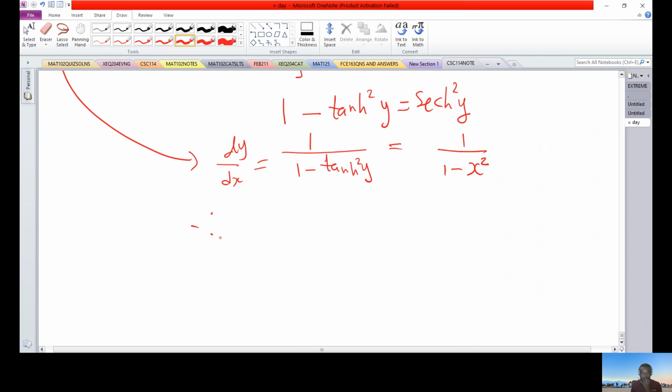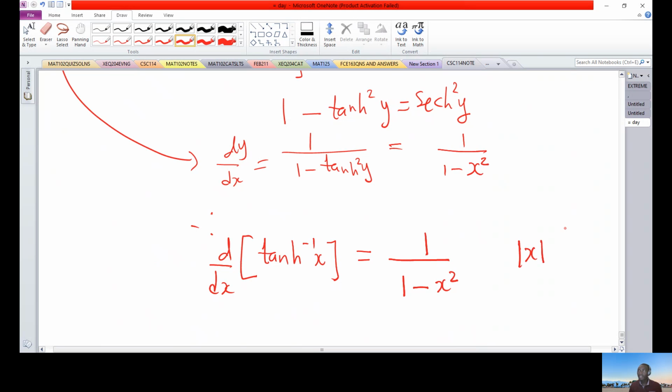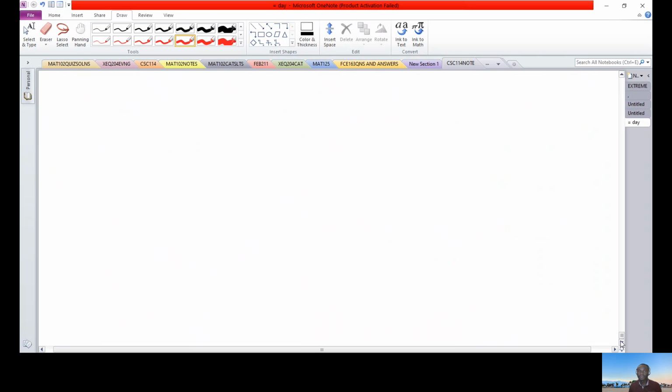So therefore, d/dx of hyperbolic inverse of tan is given by 1 over 1 minus x squared. So here the absolute value of x must be less than 1, so that we don't get a 0 in the denominator.